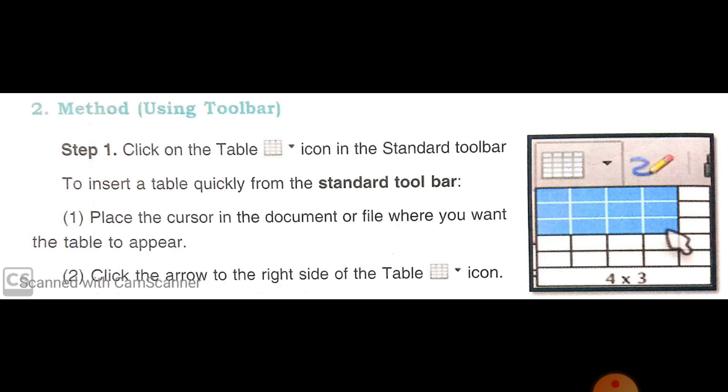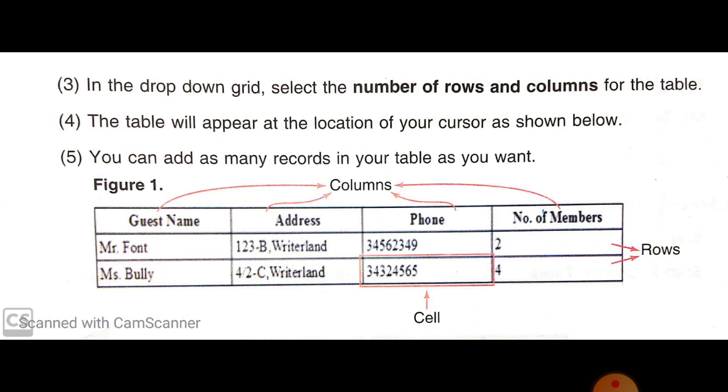You can add as many records in your table as you want. In this way, a table of 3 rows and 4 columns is inserted as you see in the picture.